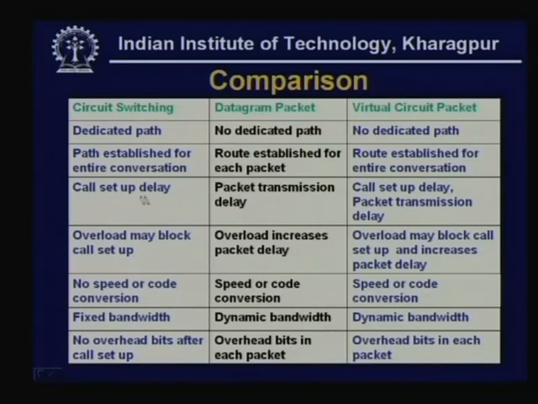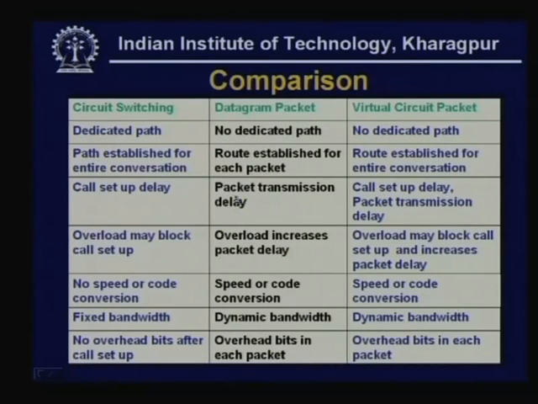Now, let us come to the call setup delay. We have seen that circuit switching has call setup delay. Call setup delay is necessary for establishing the path before any data transfer. In datagram packet switching, there is packet transmission delay. There is no call setup delay.